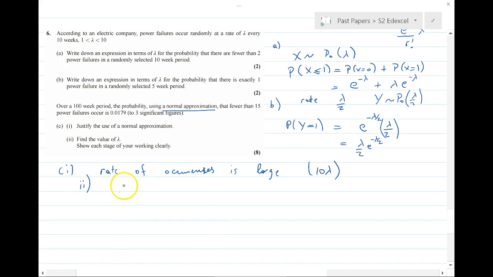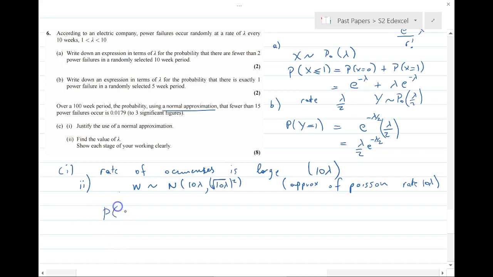So I've already used Y, so let's call it W, be the approximation, Normal with mean 10 lambda, which is an approximation of Poisson rate 10 lambda, because it's told us that's the approximation, and it's given us a result.